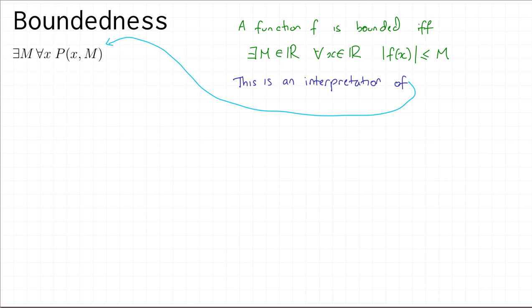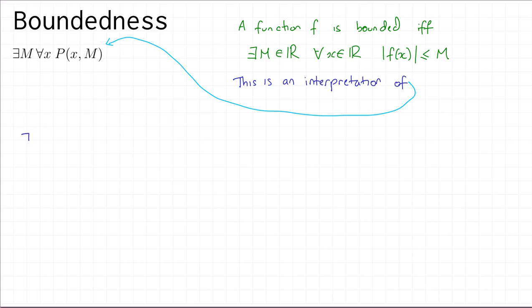So of course you can just stick the word not in front of this to get a statement of what it means for a function not to be bounded, but hopefully the logical equivalences that we learned will actually give a more insightful and easier to understand definition for a function not to be bounded. So let's try doing the negation of this first order formula.